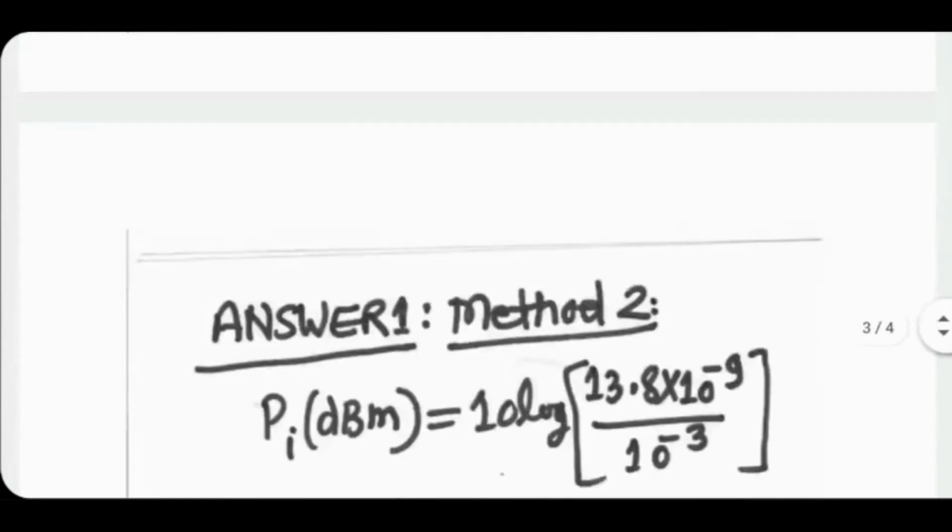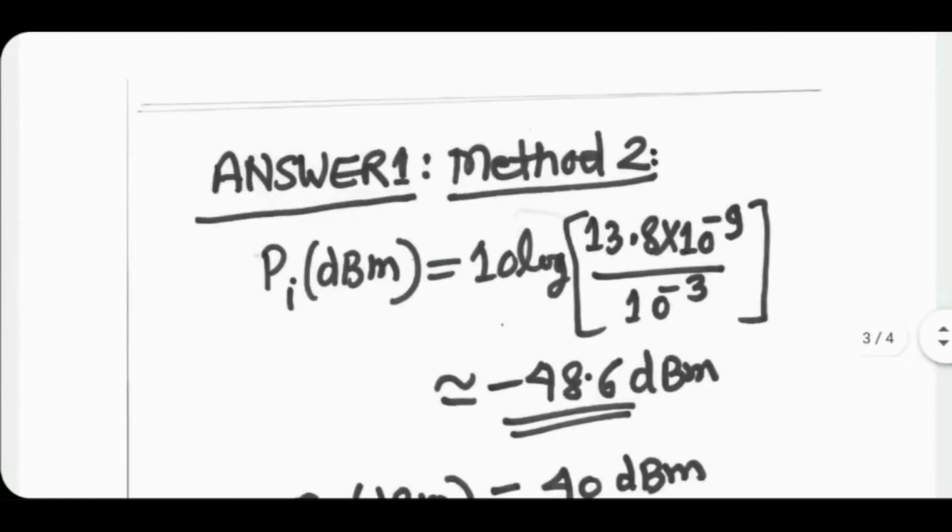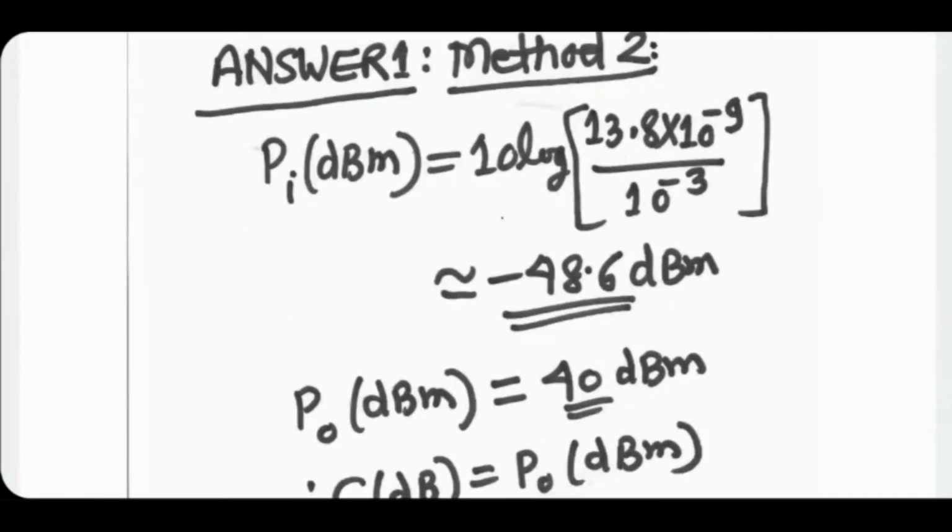The second method could be you take the input power and convert it into dBm. 13.8 into 10 raised to the power minus 9 divided by 10 raised to the power minus 3, log of that multiplied by 10 should give you minus 48.6 dBm input power. And output power is 10 dBW, which becomes 40 dBm.